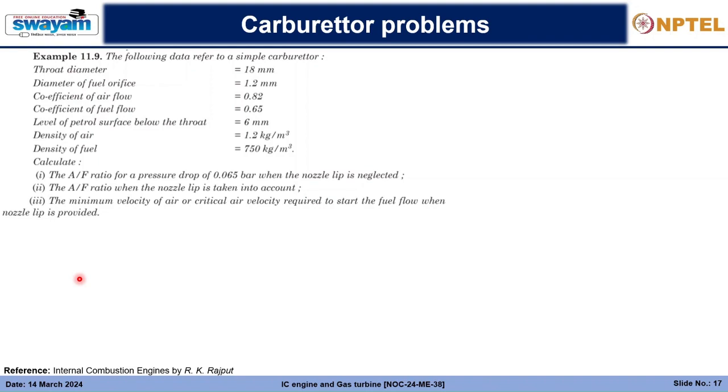Based on these values, we need to calculate the airflow ratio for a pressure drop of 0.065 bar when the nozzle lip is neglected, then the airflow ratio when the nozzle lip is taken into account, and the minimum velocity of air or critical air velocity required to start the fuel flow when nozzle lip is provided.